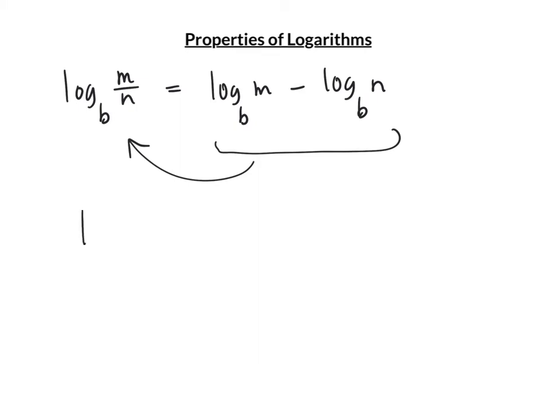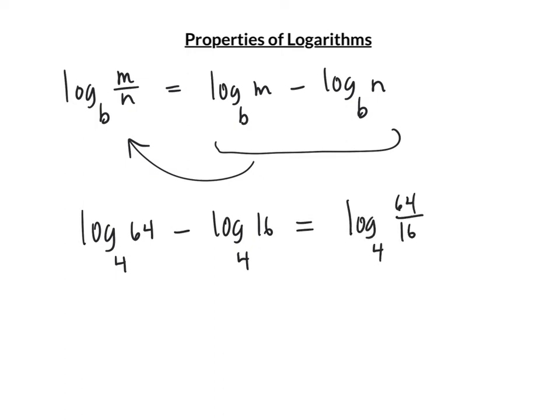For example, if I asked you to write as a single logarithm, the log base 4 of 64 minus the log base 4 of 16, you could turn that into the log base 4 of 64 divided by 16.